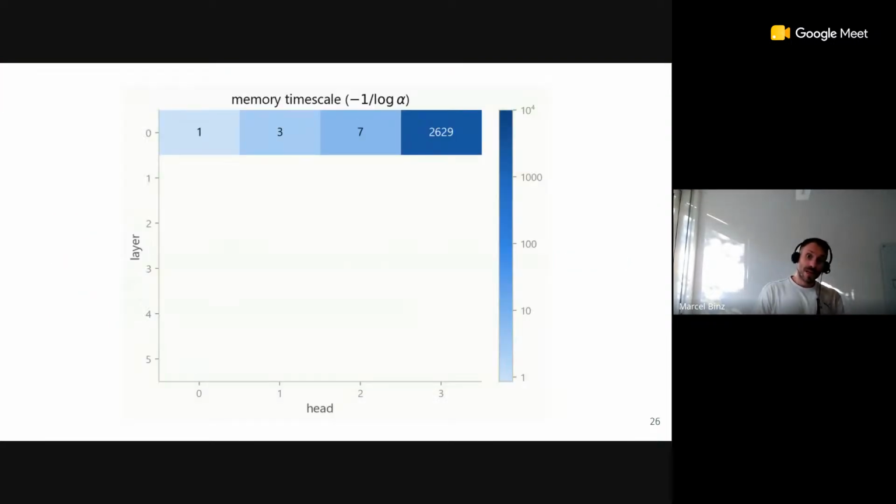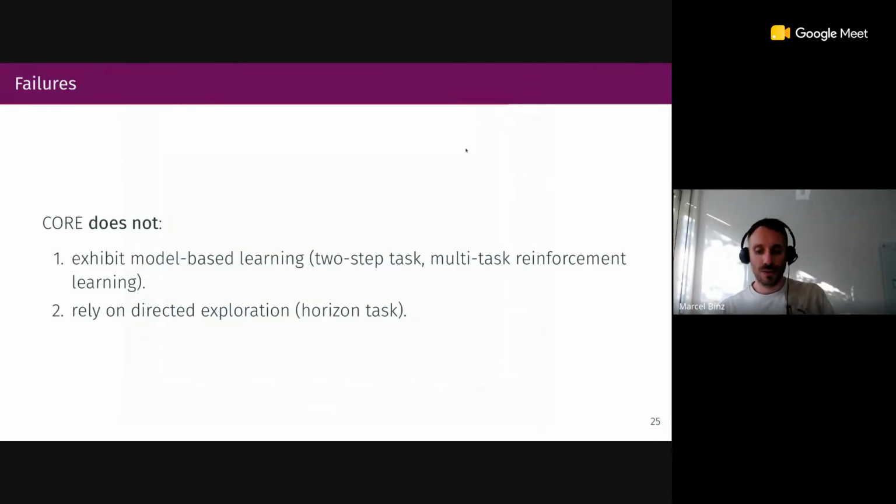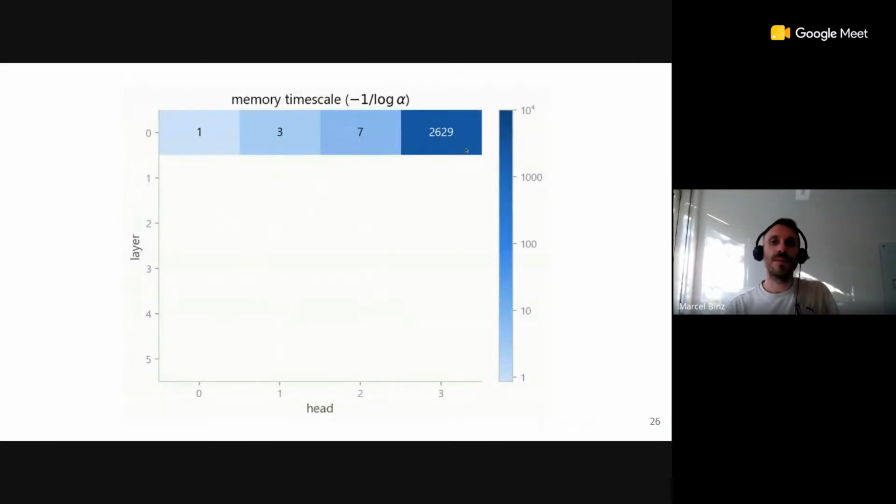We can then also look at the individual parameters of the model, in particular the forgetting rate and the learning rate. Here, let me first look at the memory time scale. This is essentially a transformed version of the forgetting rate, and tells us how many time steps on average a model remembers things.